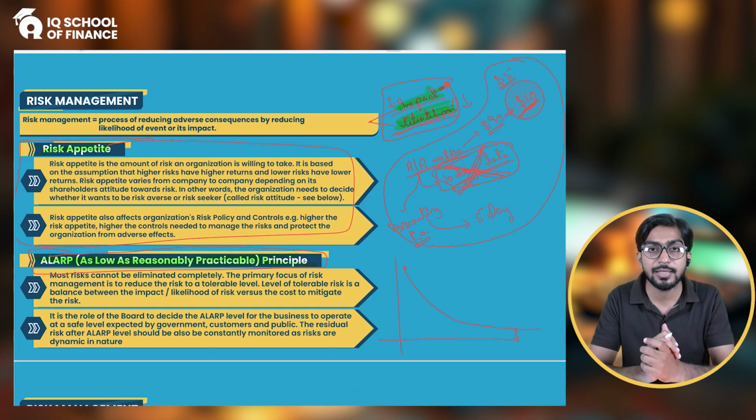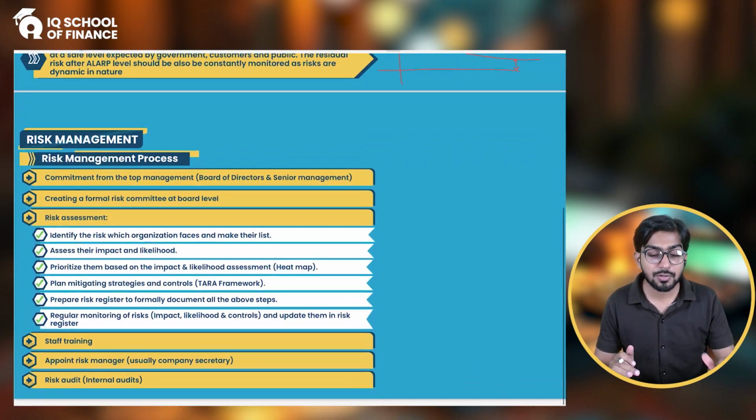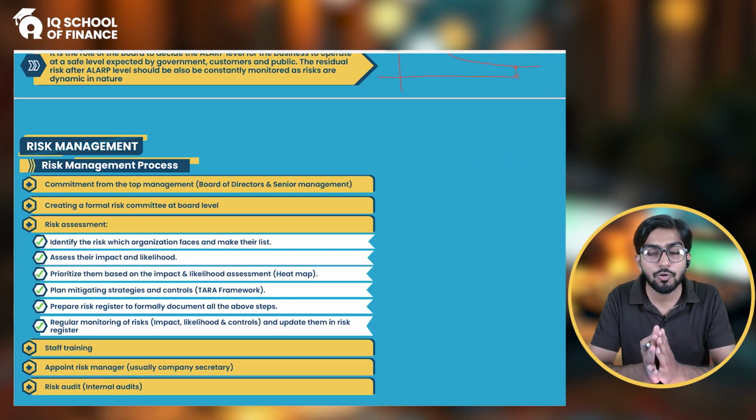So if we are clear till here, now let us move to the core area, or I would say the practical area, that is how you are going to do risk management in real life. What are the steps you are going to follow in order to do risk management?